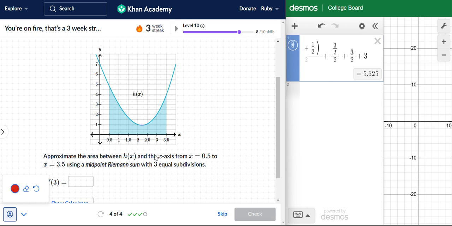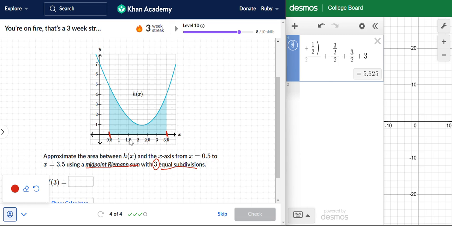Approximate the area between, okay, from this point to this point using the midpoint Riemann sum with 3 equal subdivisions. Okay, I don't really like the midpoint sum, but hey, we have to do it anyways.